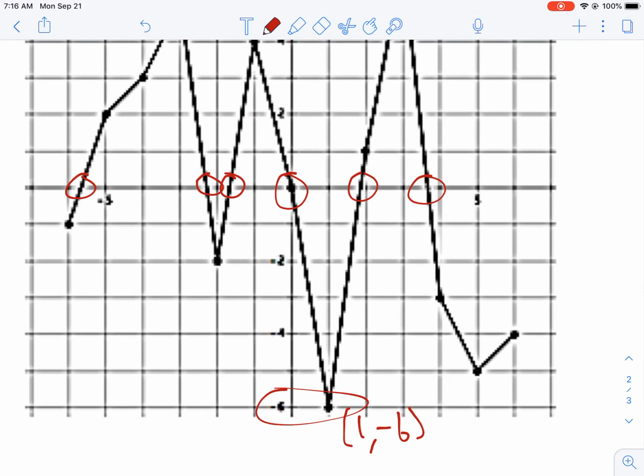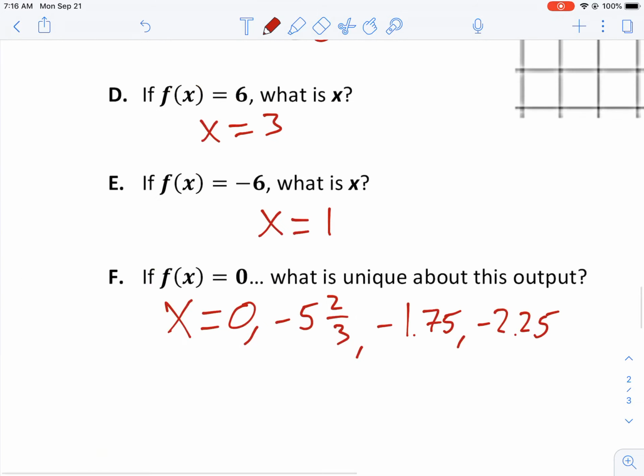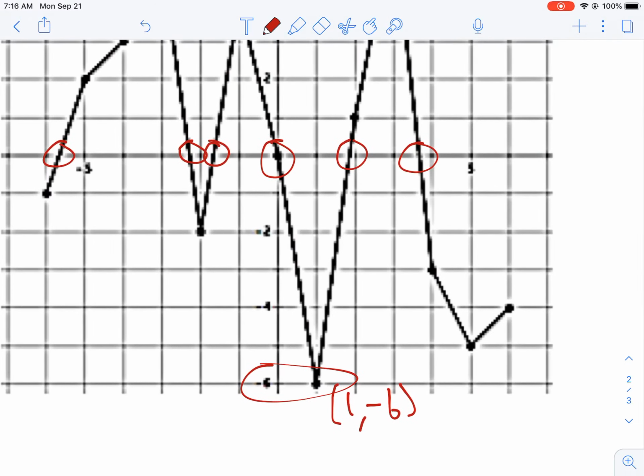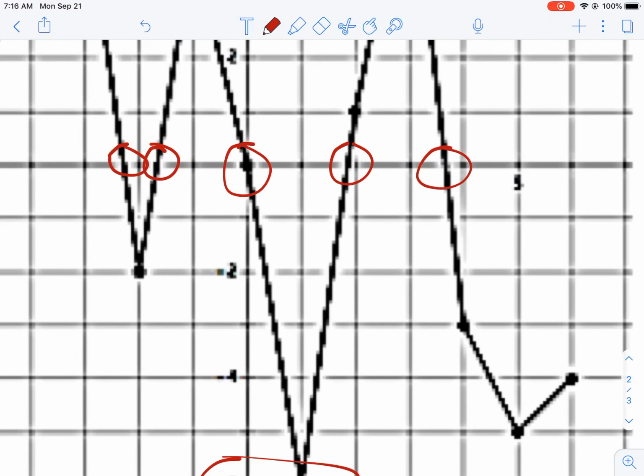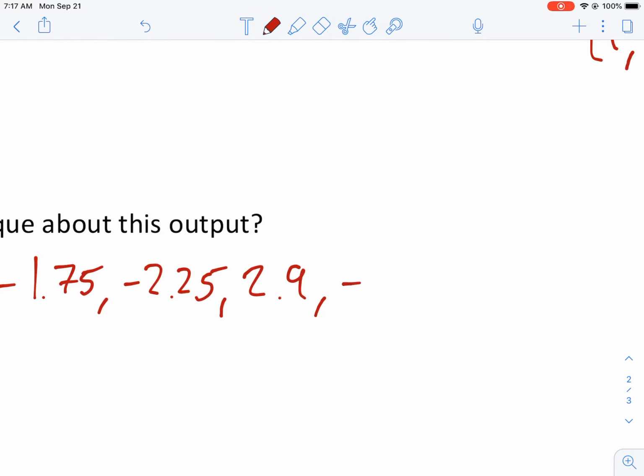Your guys' guess is as good as mine. This one looks really close to 2, so I'm going to say, what, like 2.9? And then this one is just below 4, so like 4.75. I don't know, guys. Oh, why did I say negative? That's clearly positive.